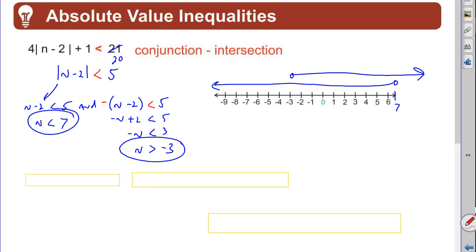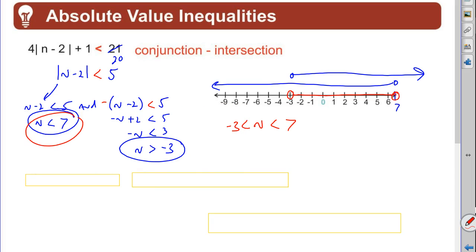You see how the conjunction is going to be every value just greater than -3 up to just less than 7. And do you remember how to write that? Your written solution is going to be -3 less than n less than 7. Take your bigger one, write it as it is, flip that symbol, put the smallest number in front. That's our solution.